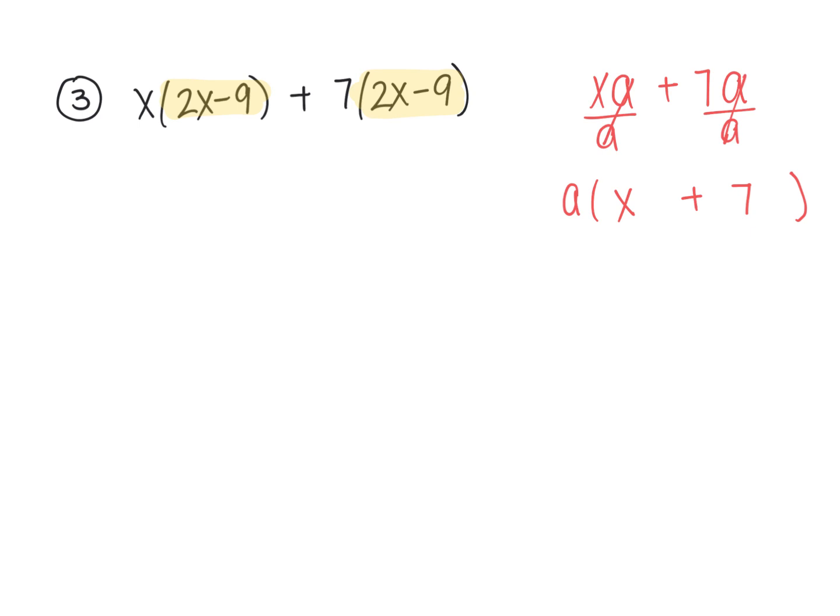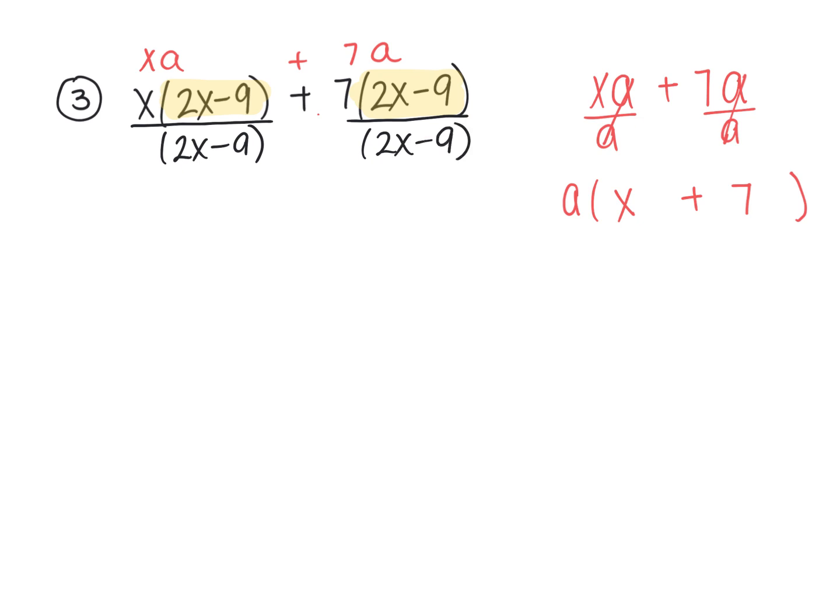So you really have xa plus 7a. So you see how your a is your common factor? I know it's weird and this is much easier over here, but we're going to divide out that a. Or in this case, we're going to divide out the common factor of 2x minus 9. So your 2x minus 9 is actually that common factor.